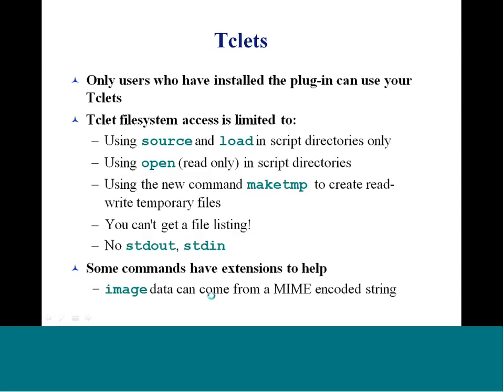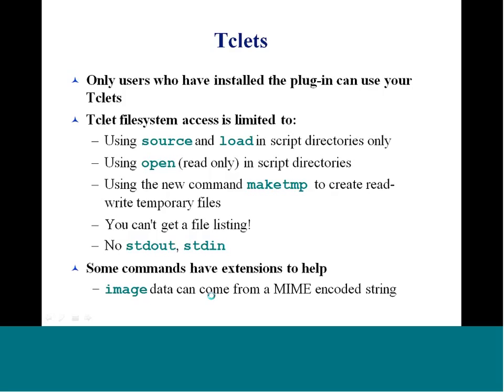Ticklet file system access is limited to using source and load script directories. So those directories are open for you, so that you can source or load those scripts essentially. And you have to use open as read only in the script directory, so you can read from the script directory but not write to it.